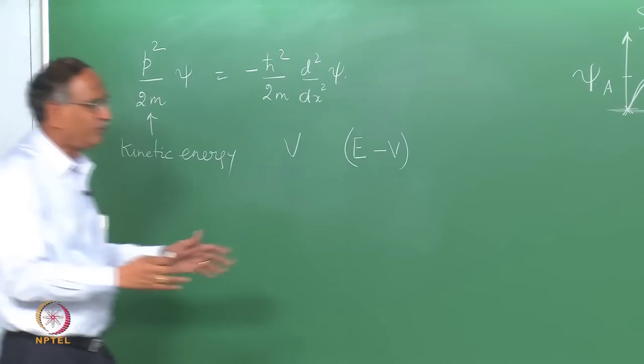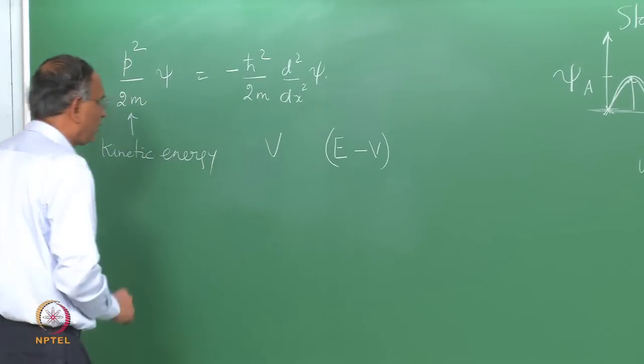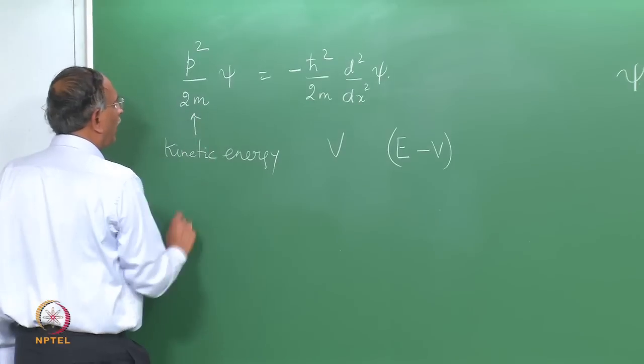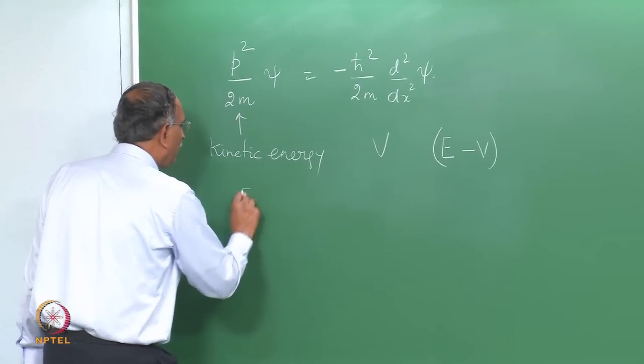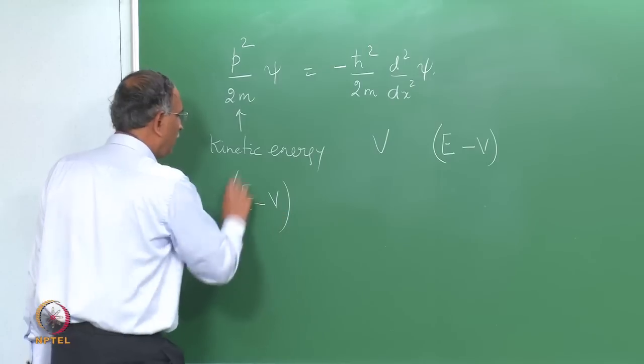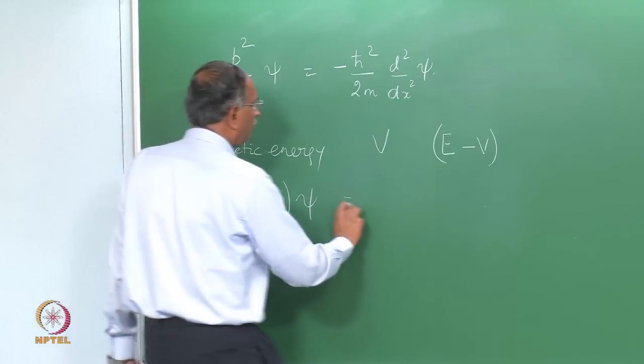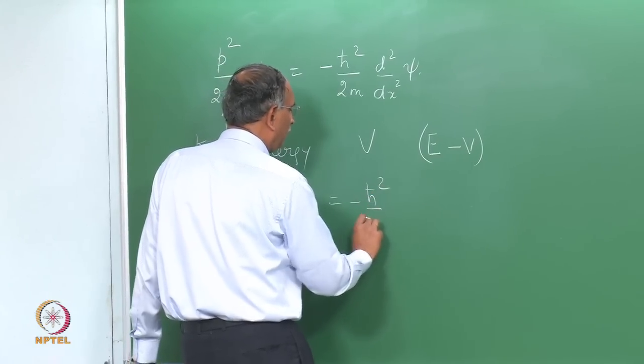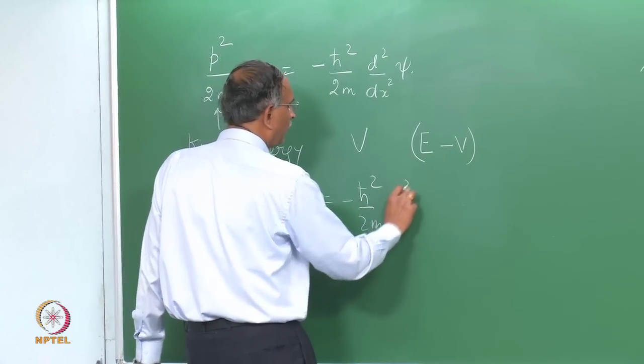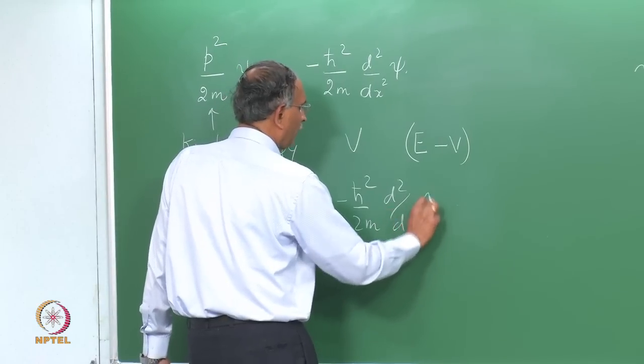If there is a potential, we have to consider that. Therefore, p squared by 2m on psi is nothing but E minus V on psi, giving you minus h bar square by 2m d square by dx square psi.